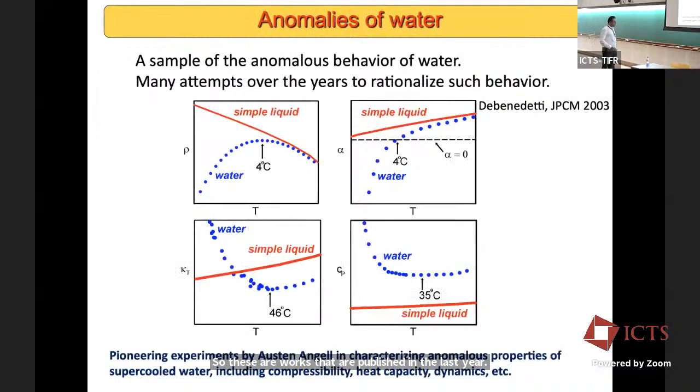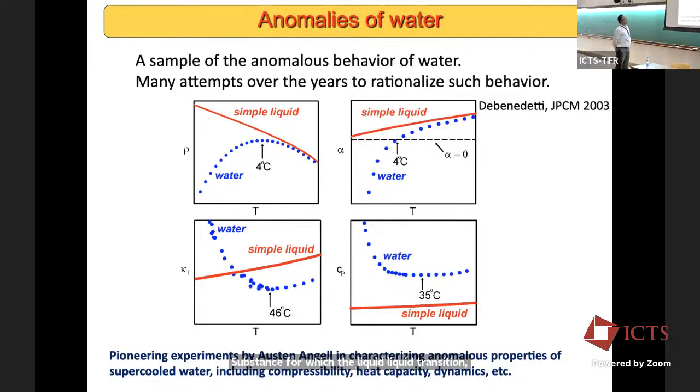Okay, so even though I'm going to be talking about silicon, liquid silicon is not a very familiar substance. And so it's easier to get going by talking about the anomalies in the case of water, which was also the substance for which the liquid-liquid transition scenario was proposed.